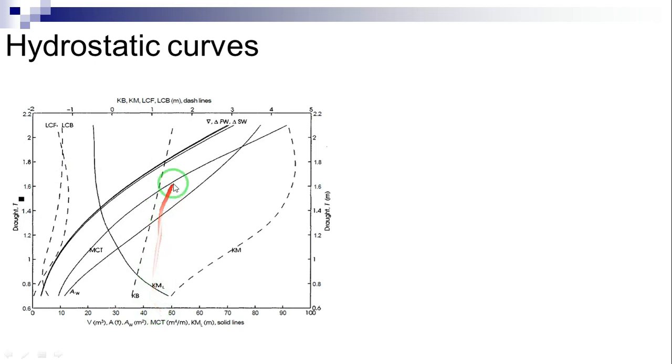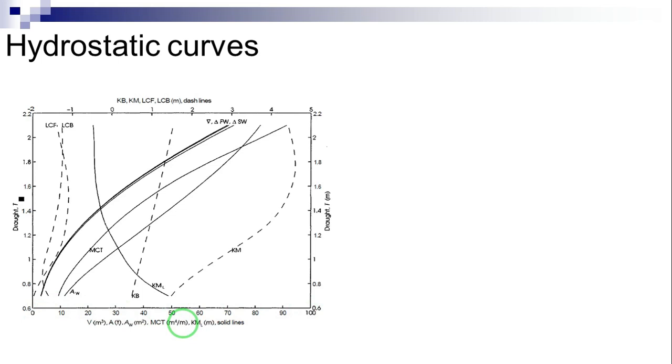In our example, the curves of volume of displacement, nabla, displacement in fresh water, delta FW, displacement in salt water, delta SW, water plane area, AW, moment to change trim by 1 meter, MCT, and longitudinal metacenter above K, KM, are measured along the lower scale, that is to be read as 0 to 100 cubic meters, square meters, meter to the power of 4 divided by meter, or meters, respectively.